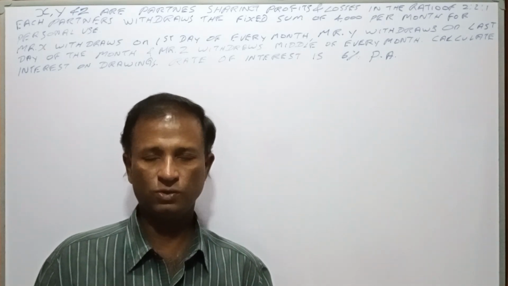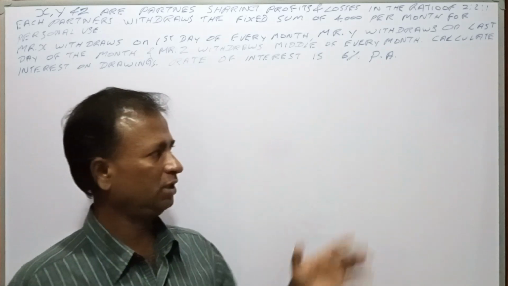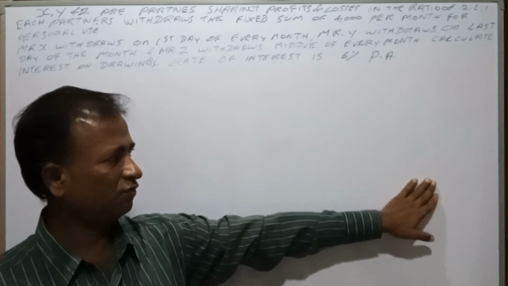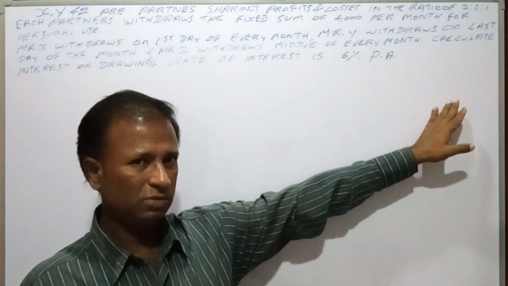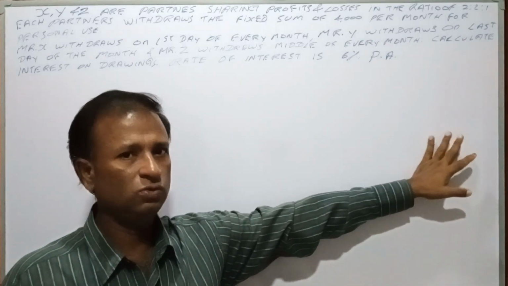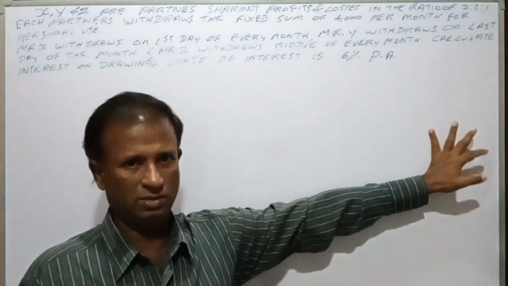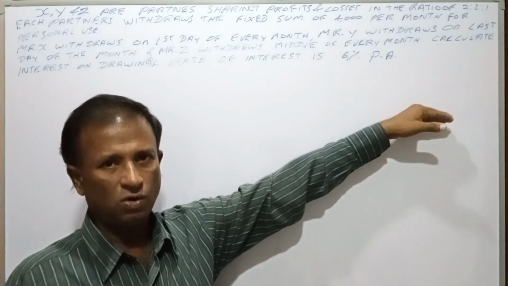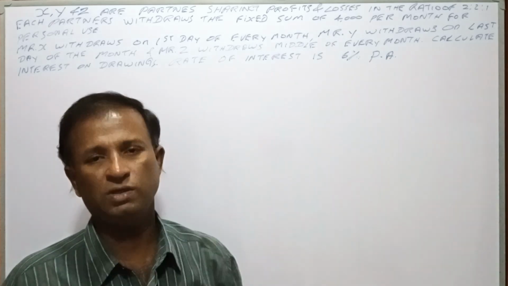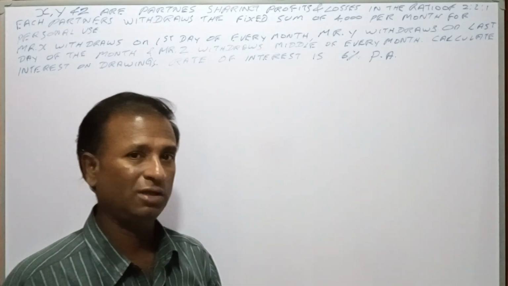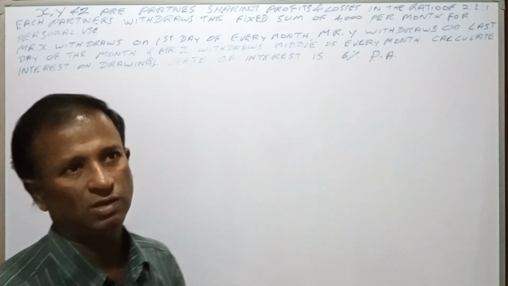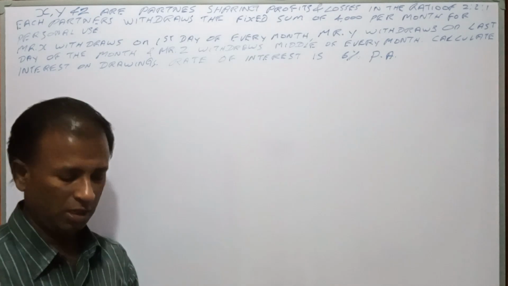Those are the very crucial points where you have to read and understand very carefully what they expect us to do, whether the drawings are done at the beginning, end, or middle of the month. Each and every month the drawings may take place. In this case you have to be careful.